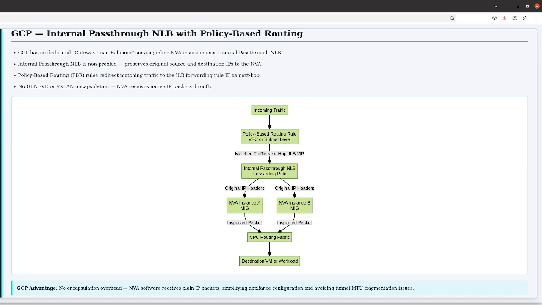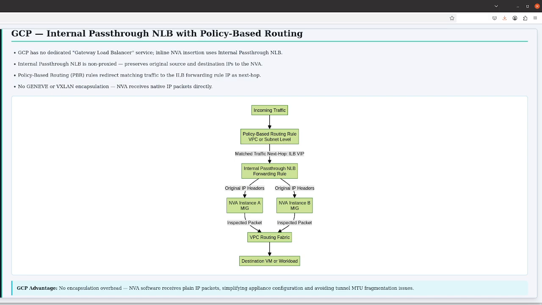This approach has been the foundation of GCP's NBA integration story, and while it achieves functionally similar outcomes to AWS GWLB and Azure GWLB, it operates through different primitives. The internal pass-through network load balancer in GCP is a regional, non-proxied load balancer that operates at Layer 3 and Layer 4.